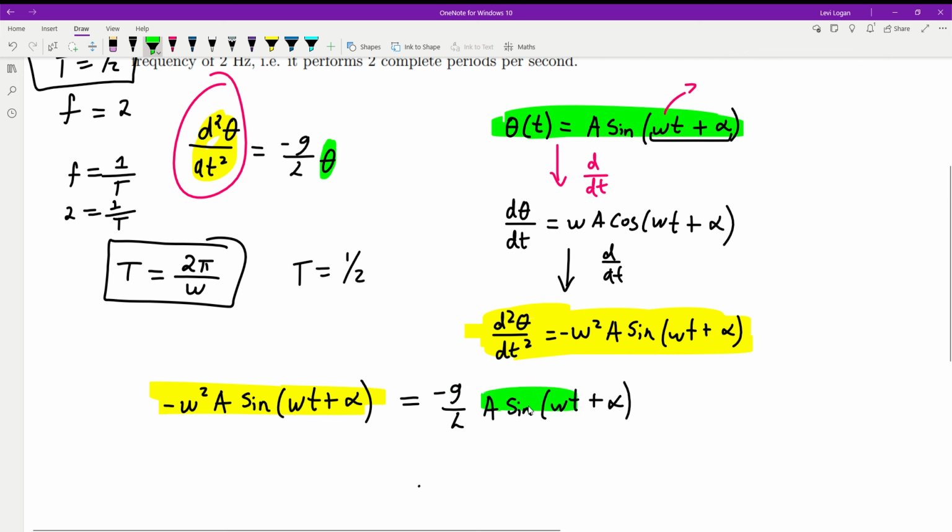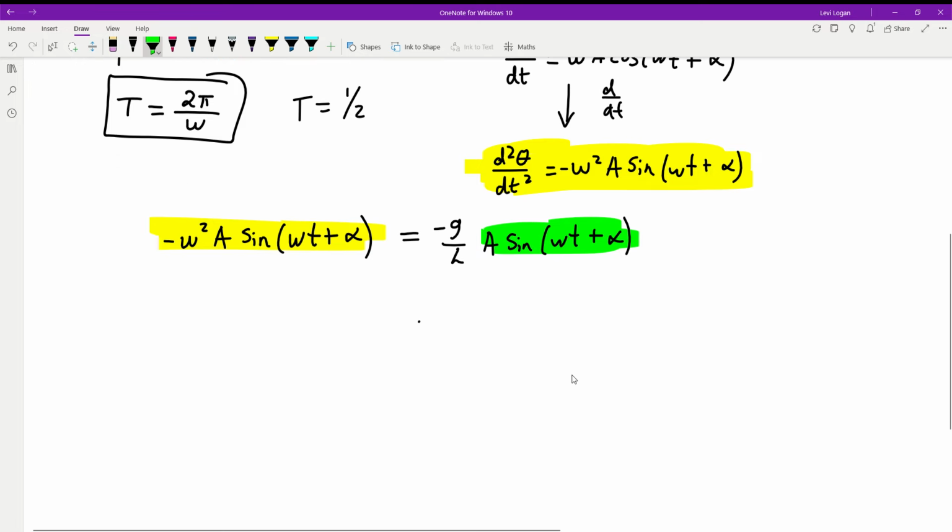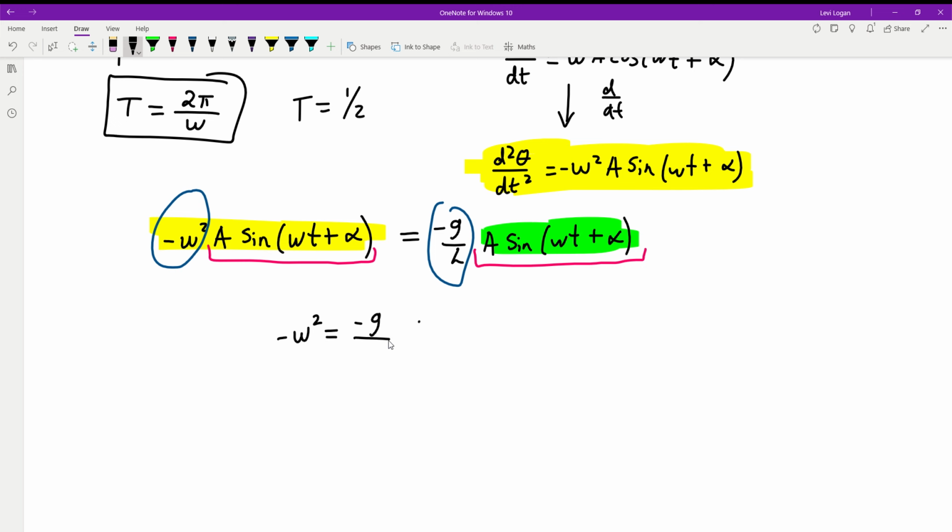Now we can look at this and realize this is exactly the same as that. So this must be exactly equivalent to that. So negative omega squared is equal to negative g divided by the length.